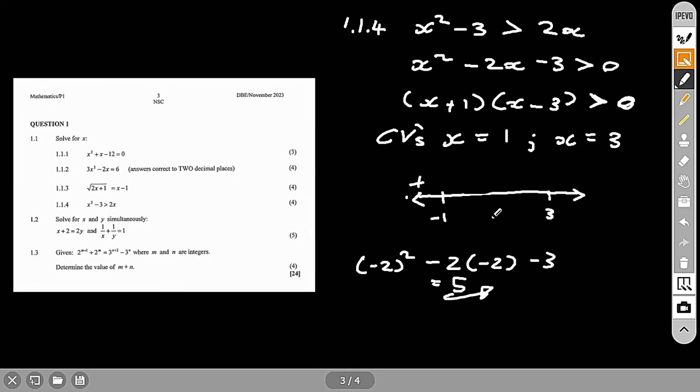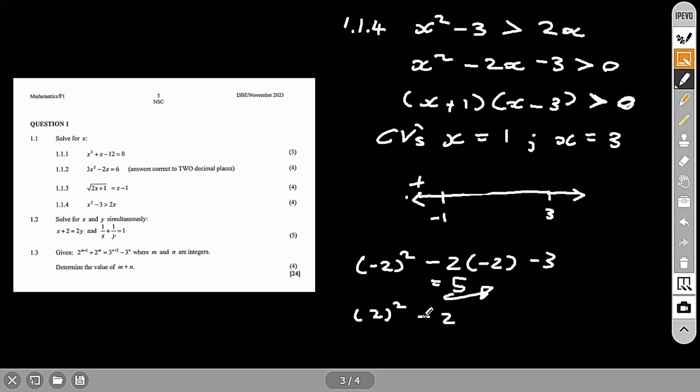Now you put any number that's in the middle of -1 and 3. For argument's sake, let's put 2. Let's check what we get if we put 2. You do this on the side.